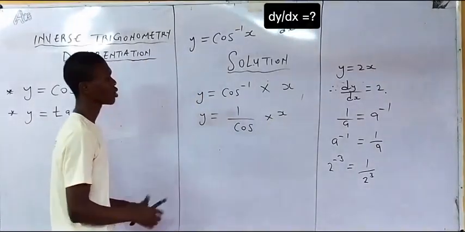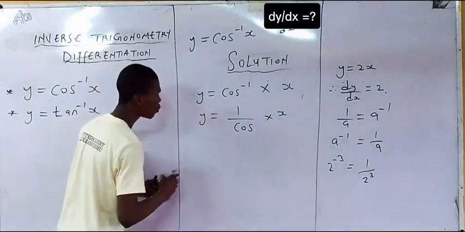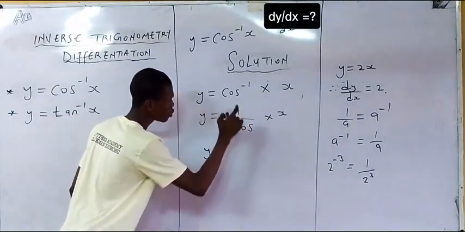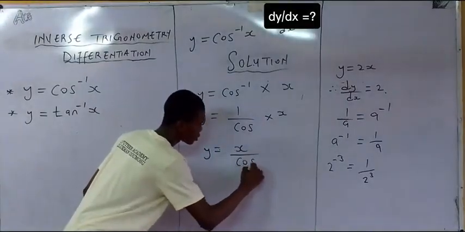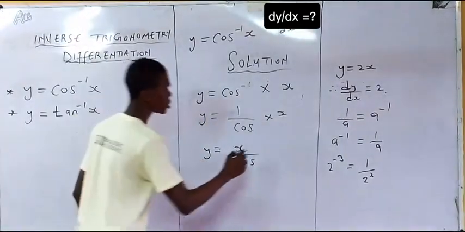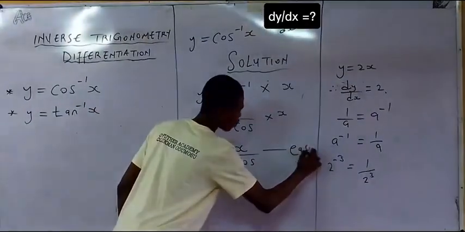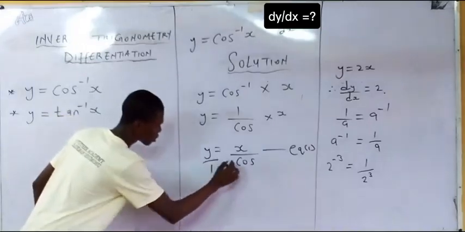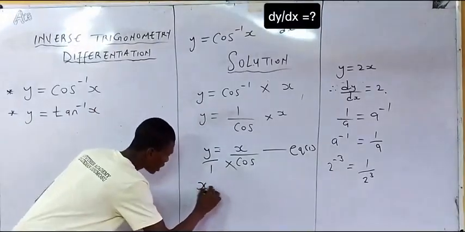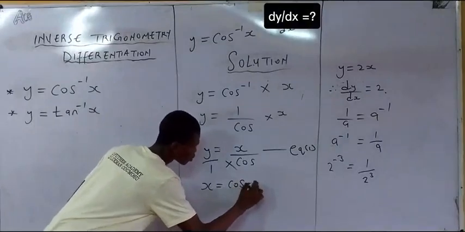Multiply, then you have y equals 1 times x, so you simply have x divided by cos. Call this equation 1. From equation 1, cross multiply. By the time you cross multiply, you have that x is equal to cos y.